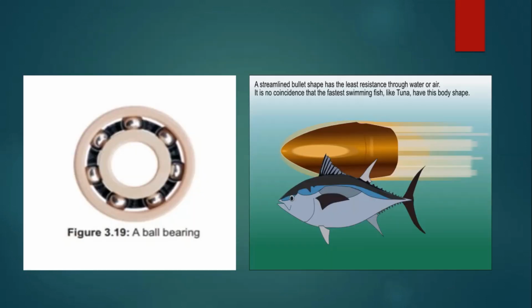See here, this is the ball bearing. Clear? Why do we use the ball bearing? To reduce the friction. Very good. And see here, this is the streamlined shape. Okay, how does it help to reduce the friction? It is easily moved through the air. Clear?